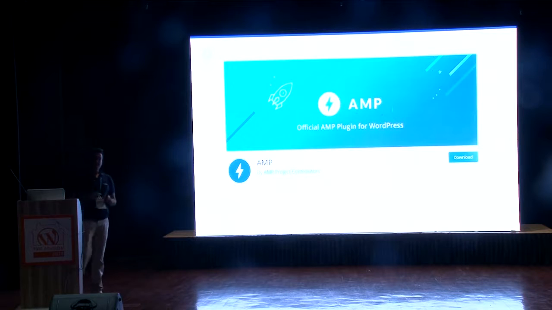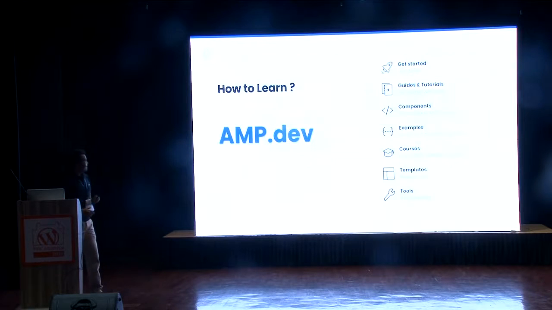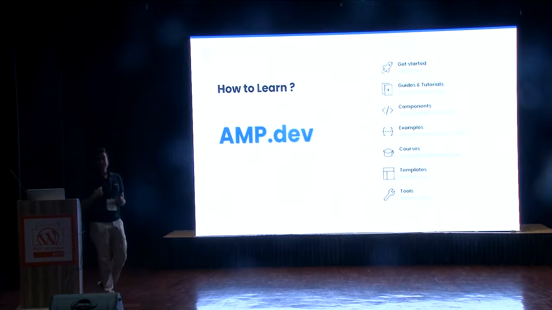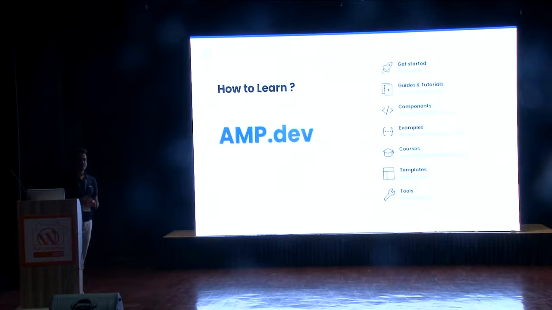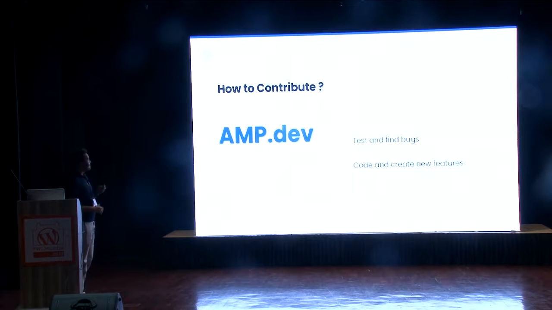There are AMP-ready themes also in WordPress, which you can use in order to create AMP-valid websites. What you can do next is go on amp.dev and use all these tools that they have provided using examples and everything, and learn AMP like me, and then call yourself a contributor, because AMP is also completely open source like WordPress, and you can also contribute features from your end.